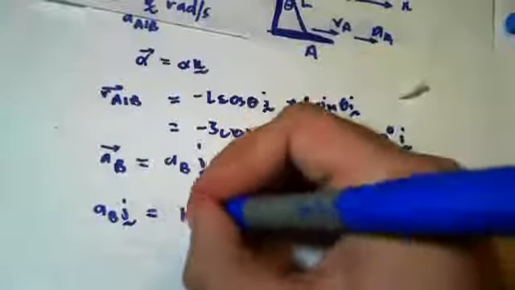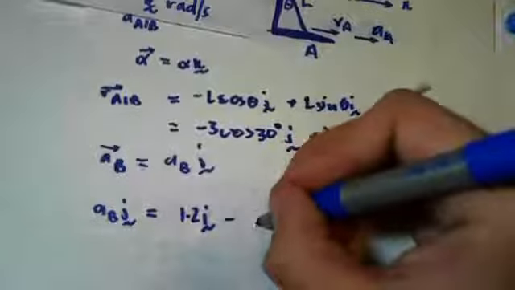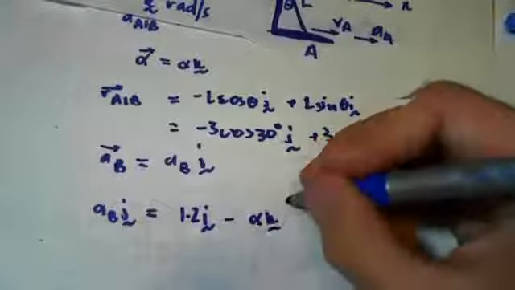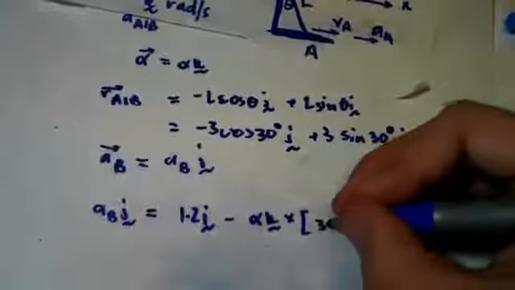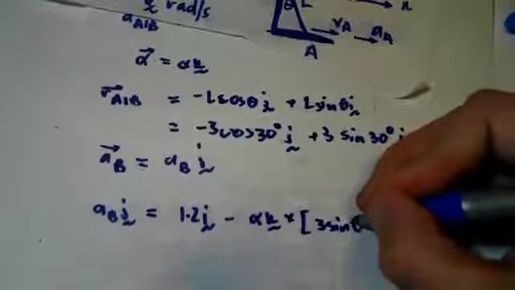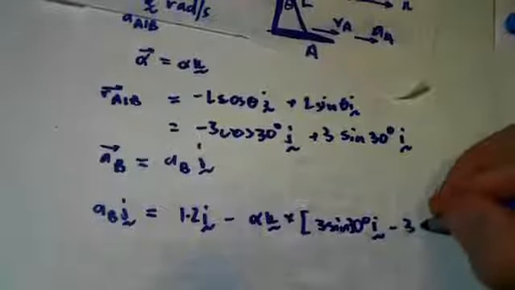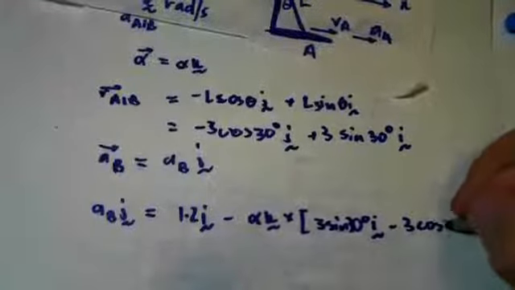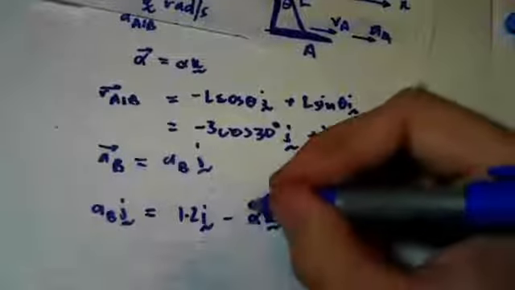So that's equal to 1.2i, because that's our acceleration of A, minus our alpha k cross our r, which was 3 sine 30 degrees i minus 3 cosine 30 degrees j. So that's our alpha cross r term.